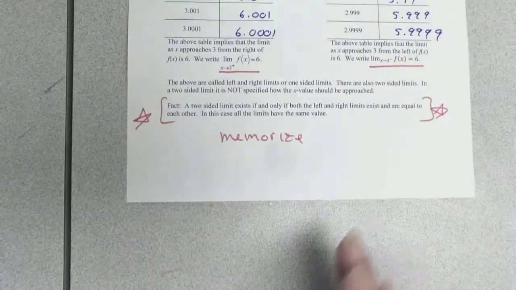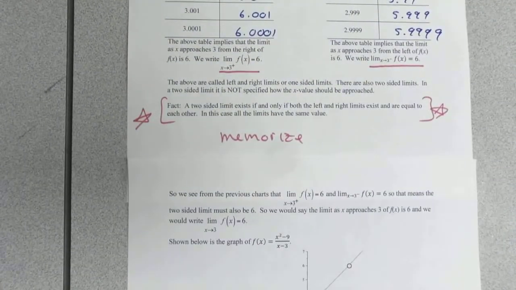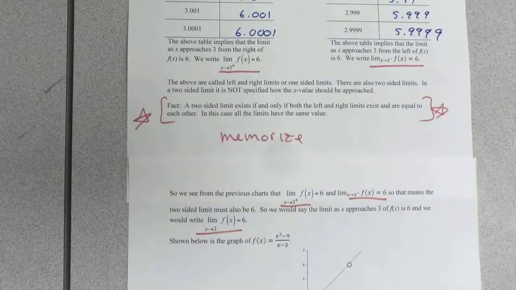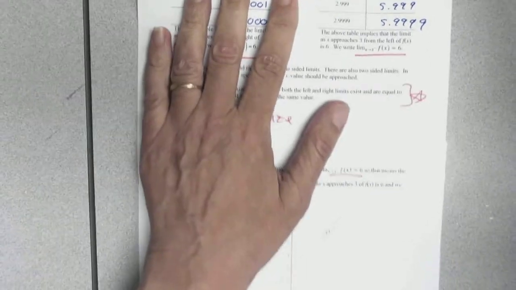So using that fact, we can see that from the previous charts, we had a right limit of 6, a left limit of 6, and so since the left and right were both 6, the two-sided limit has to be 6. A two-sided limit exists if and only if the left and right limits exist and are equal to each other.